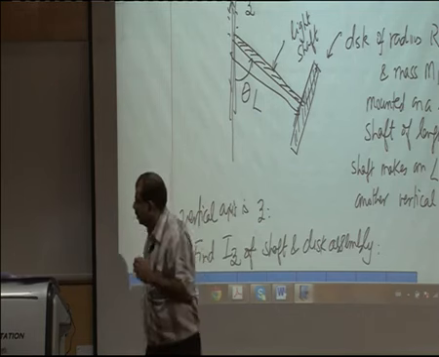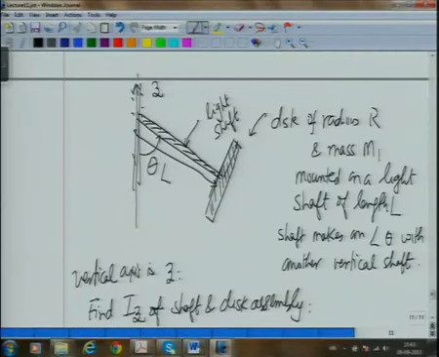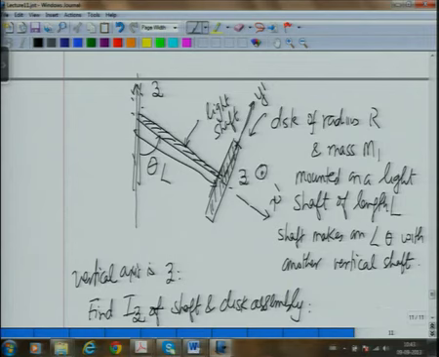What we can do is, let us say this disk, we form at the disk center of mass, I put centroidal axis x, y and z is coming out of the board.